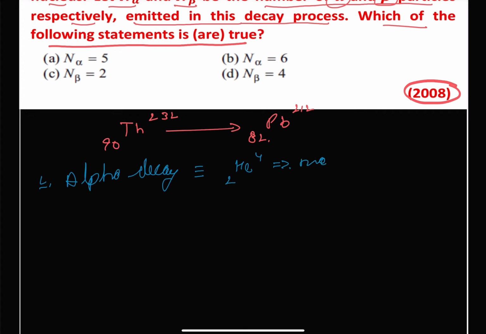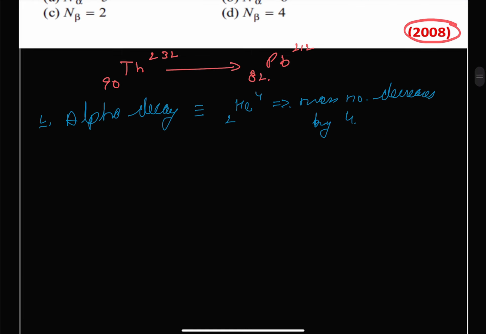So we can say mass number decreases by 4 and atomic number decreases by 2.